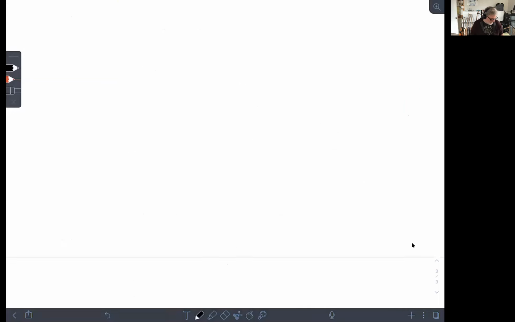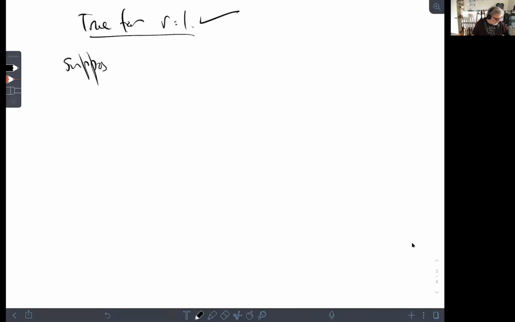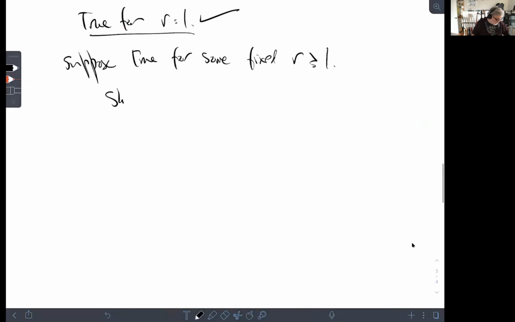True for r equals 1. That's done. Now, suppose true for some fixed r greater or equal to 1. Show it's true for r plus 1.